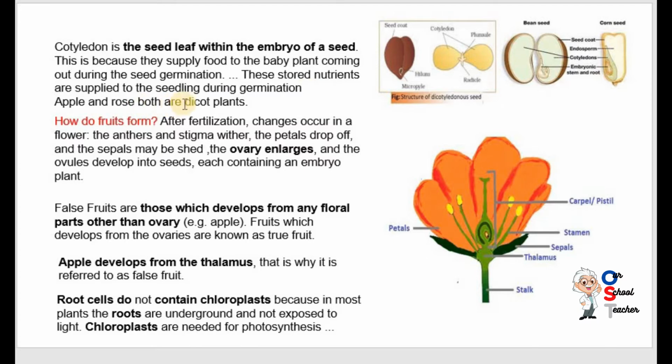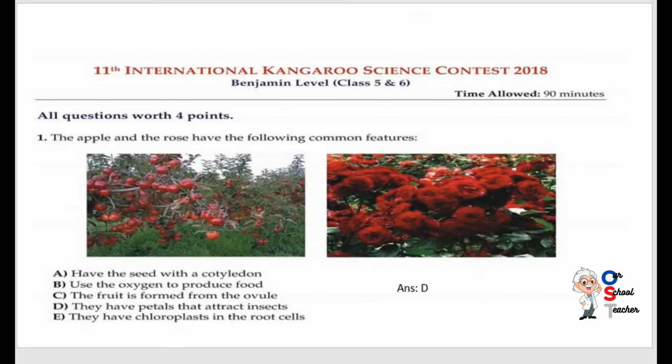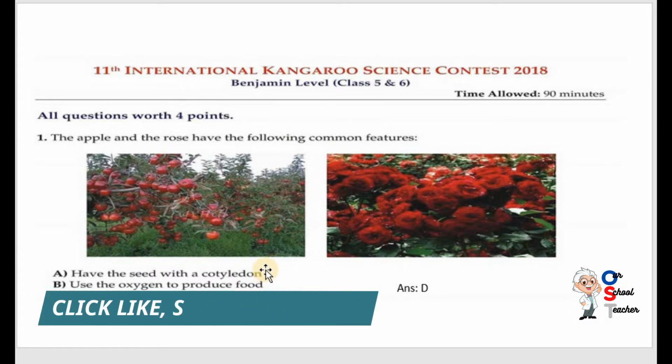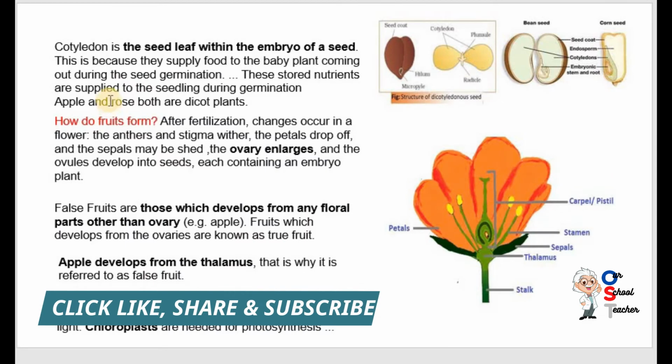Apple and rose both are dicot plants. And when you see question number 1, option A, have the seeds with a cotyledon. So option A is incorrect because both apple and rose are dicot plants. It means they contain 2 cotyledons, not 1.